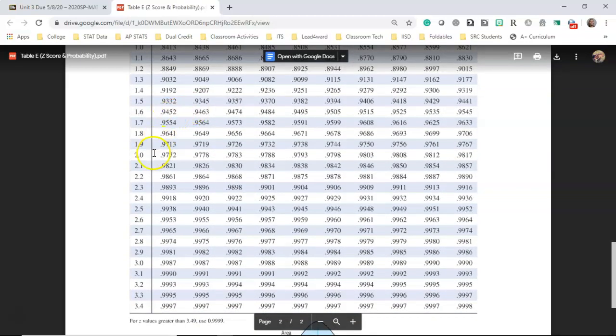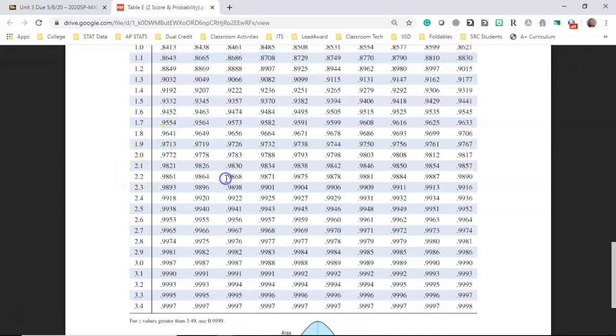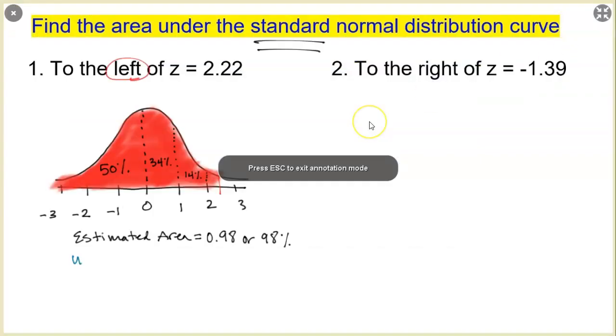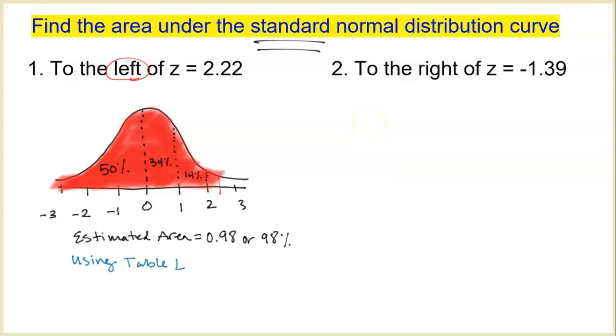So it would be the 3rd value in my table, so it would be here, 0.9868. That would be the area to the left of 2.22 when I calculate that utilizing table E. So using table E, the area was 0.9868.